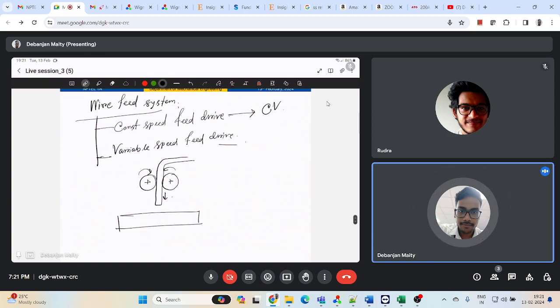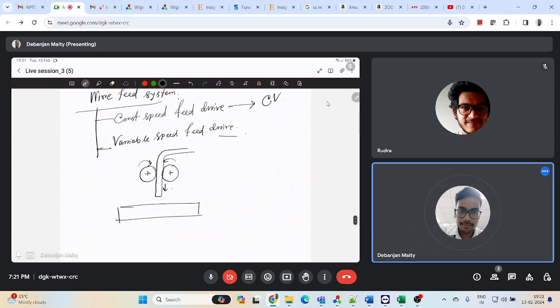so if this is my consumable electrode which is moving downward, these are two rollers, and you will have something like this, which are the contact tube, and the arc which is getting generated, you can have the sensors to sense those arc characteristics.